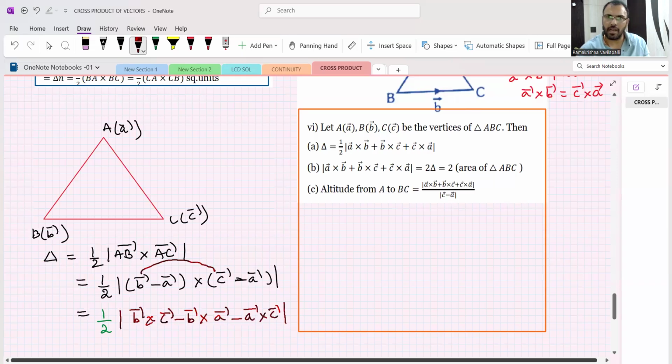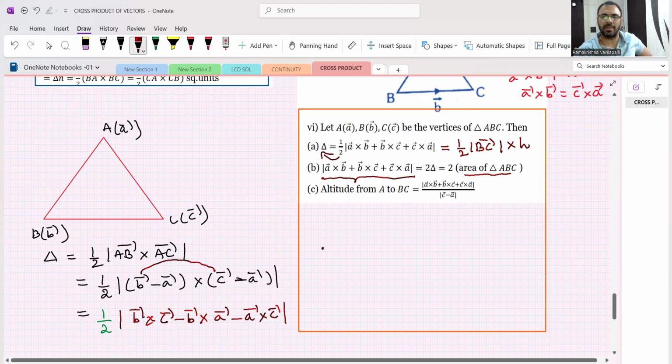You just reverse the orders, then you will get this result: half into modulus of A cross B plus B cross C plus C cross A. This is also equivalent to half into base into height, modulus of BC bar into height. And this sum is equal to twice the area of triangle ABC.